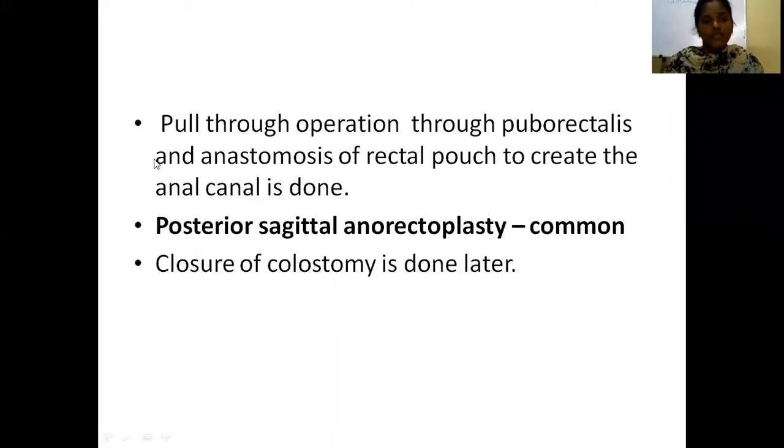The definitive procedure includes a pull-through through the puborectalis muscle, anastomosis of the distal pouch to create the anal canal, and posterior sagittal anorectoplasty. This is the most common procedure for high anorectal malformation. After the definitive procedure is completed, the colostomy has to be closed.